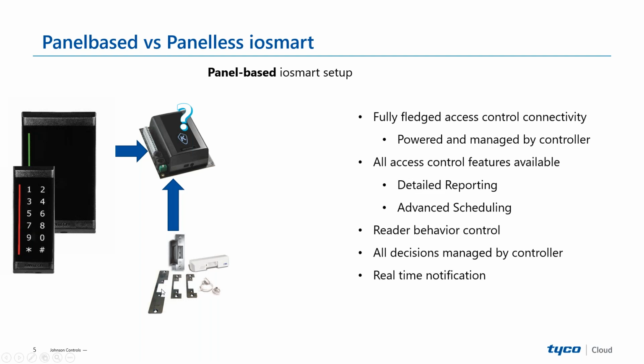So panel-based is an access control door that is fully fledged, fully functional, and has access to everything. Because it's driven by Enterpass or the standalone version, everything is included in the controller, where you get all your reports, all your advanced scheduling, your settings, and you can use that reader for everything. The reader behavior and all decisions are made by the controller. So whatever you use in Enterpass is what you get in a panel-based environment.